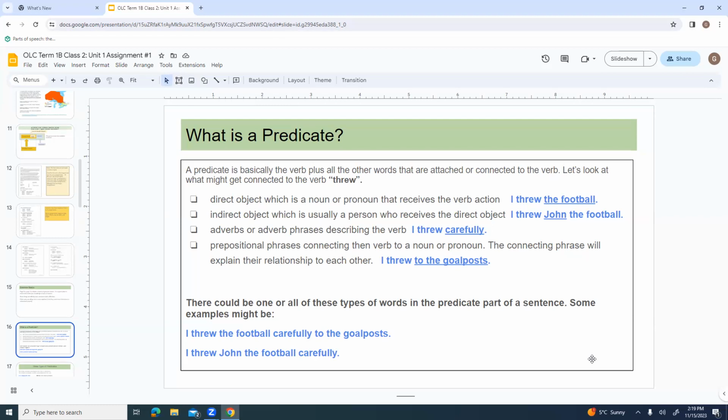And some examples might be, I threw the football carefully to the goalposts. So we've got a few in there. I threw John the football carefully. And I'm just pointing that out because when you're saying connected to the verb, what do they mean? It just means they're expanding on the big idea that's in the main verb.